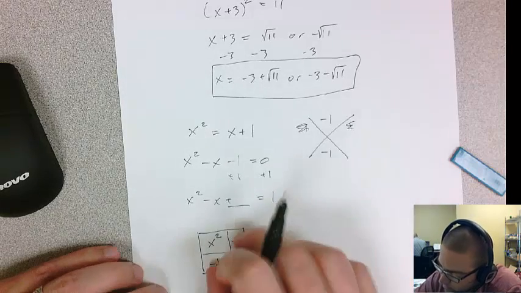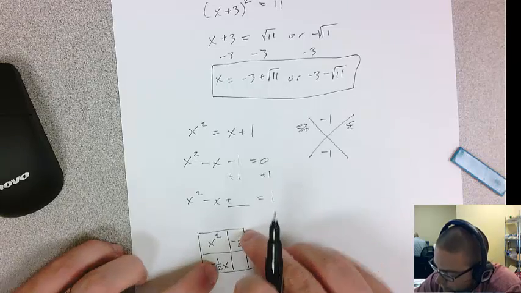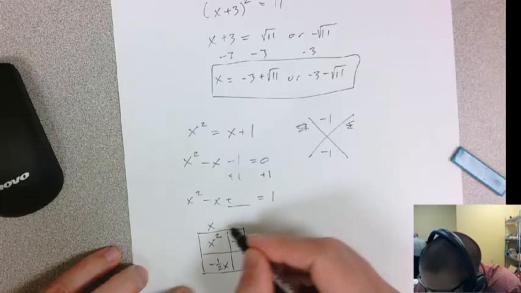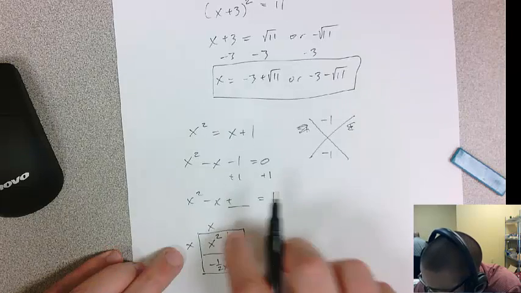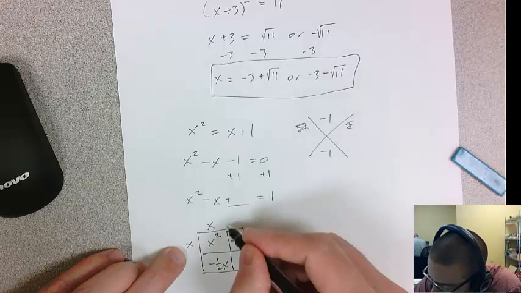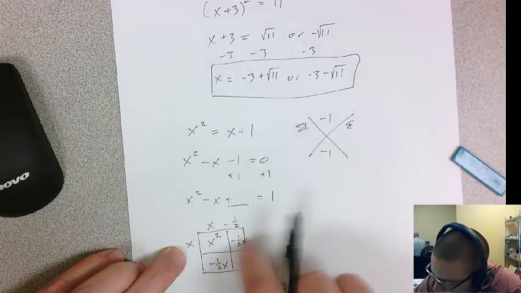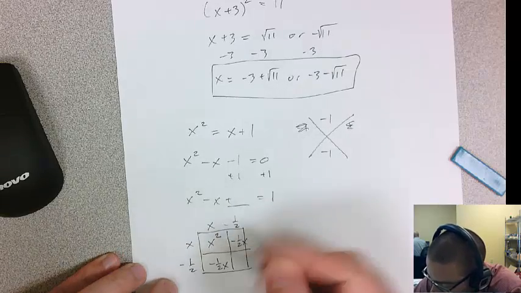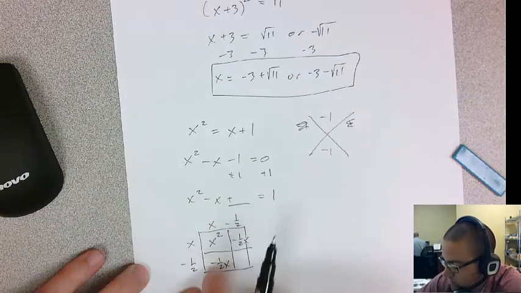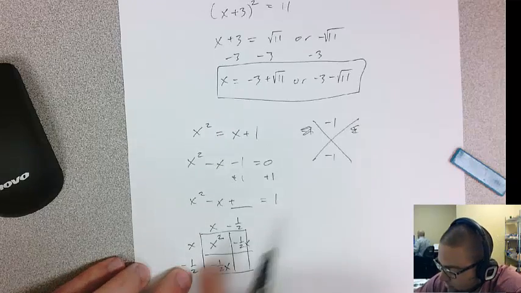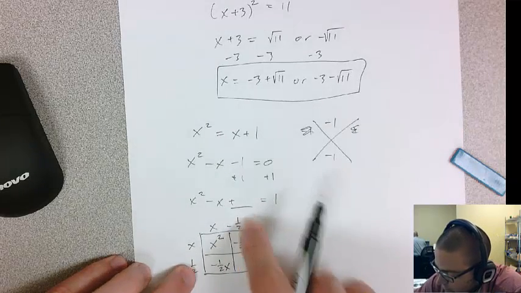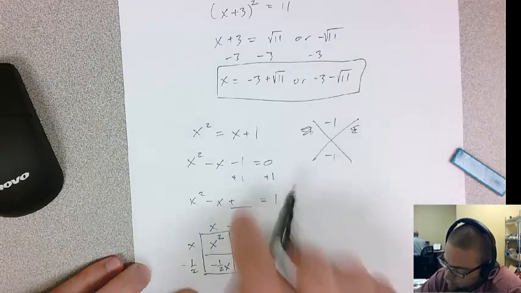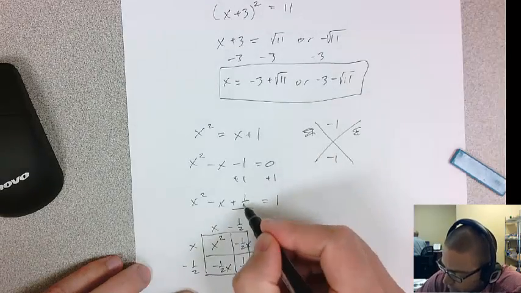And then what goes in here is the square of these two numbers, because x times x is x squared, and then x times -1/2 would be that term, and then x times -1/2 would be that term. So you have your square, x minus 1/2, x minus 1/2, and then -1/2 times -1/2 is +1/4. So that's the number that I want there, +1/4.